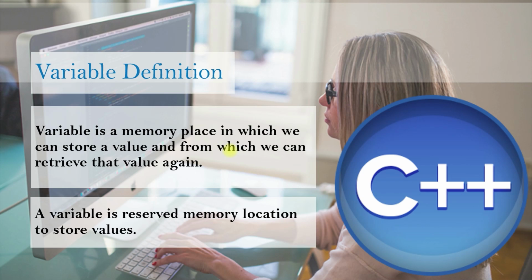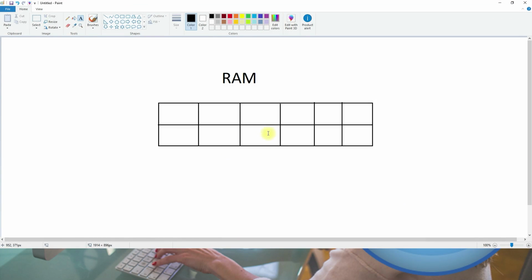Before that, whatever you write or type is stored on a temporary storage device, which is RAM. If you remember from your lower grades, the storage unit is usually divided into two parts: the first part is temporary, the second part is permanent. The temporary storage device in your computer is RAM.